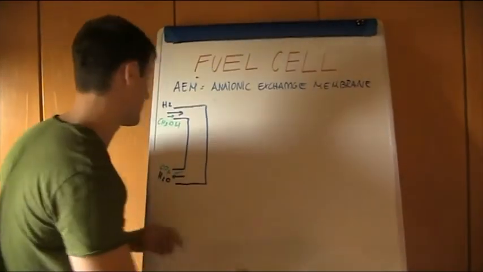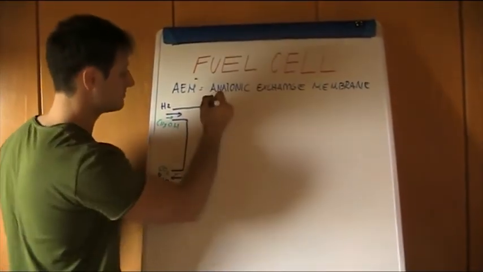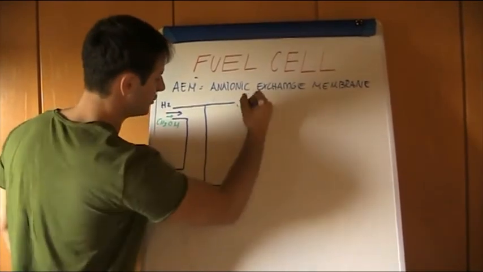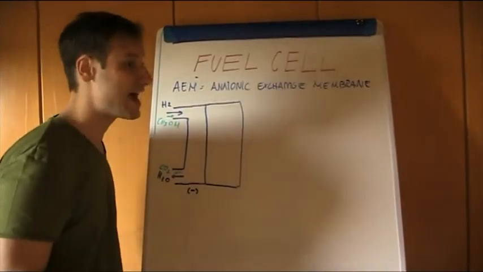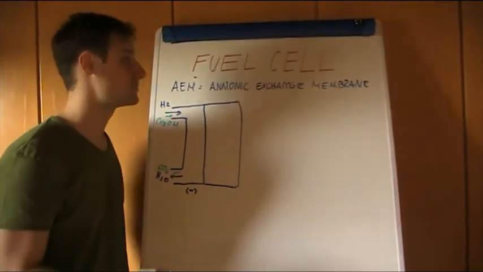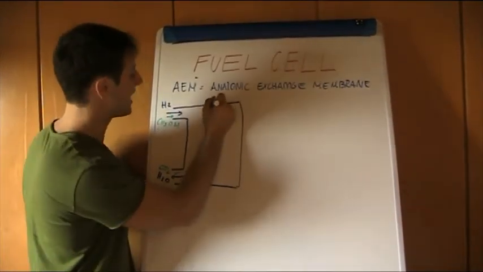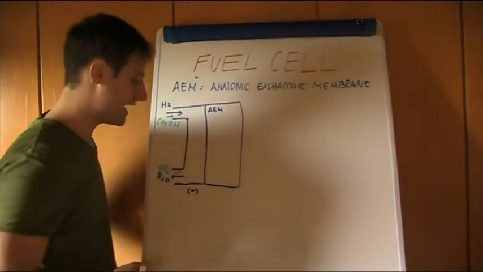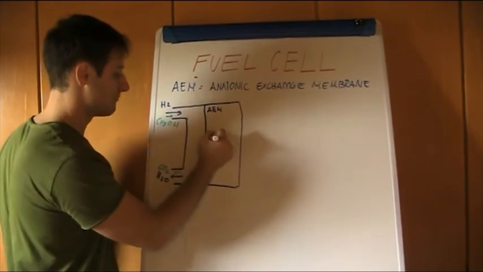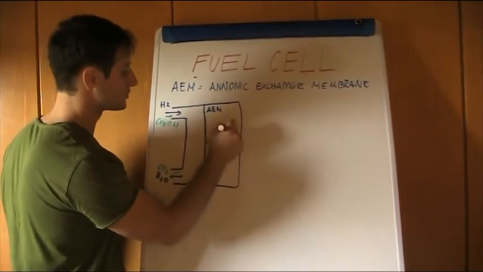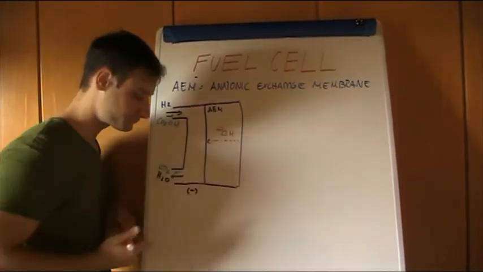Then we have our membrane. This membrane is really different, since it could be, for instance, a modified Nafion or other types of exchange membrane. So it's an ionic exchange membrane, able to promote the passage not of H plus, but of OH minus in the opposite direction.